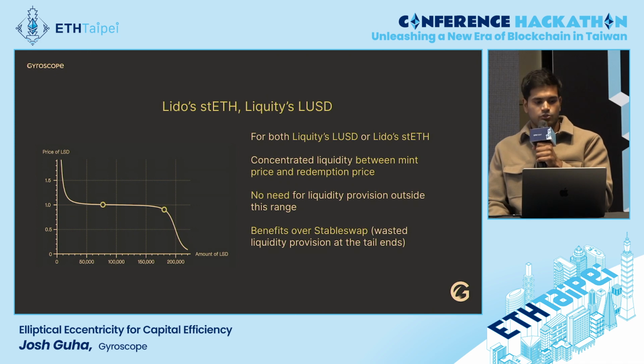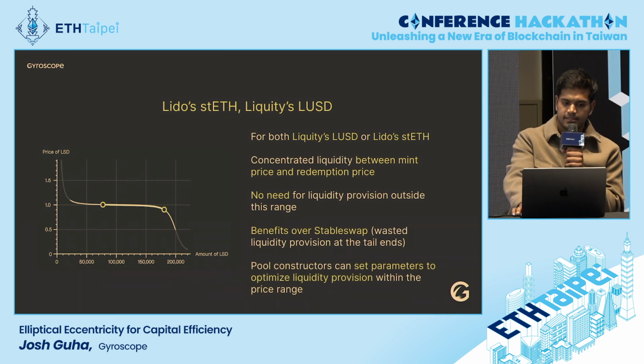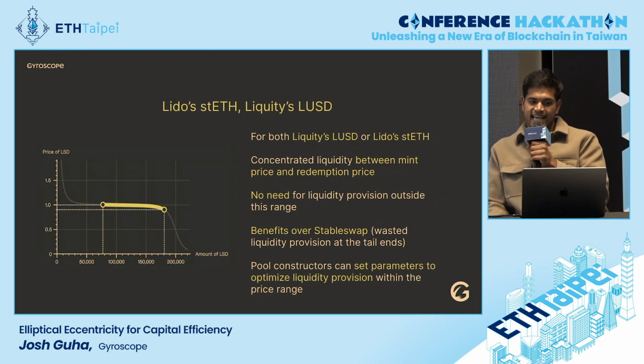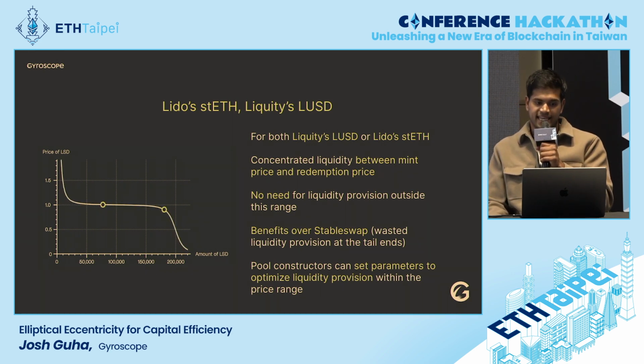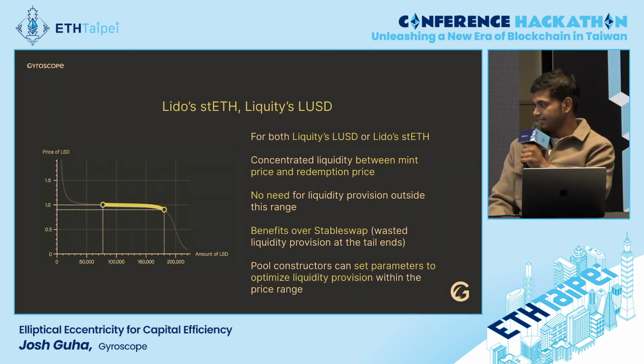Benefits over StableSwap, as mentioned before, include not wasting liquidity provision in parts of the trading range that should never occur. So for example, above the mint price or below the redemption price. Pool creators can set the pool parameters upon construction to optimize liquidity provision, given current trading market data and any other factors such as tokenomics, which could affect the price and trading activity of the pair.